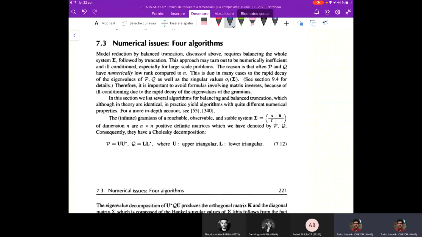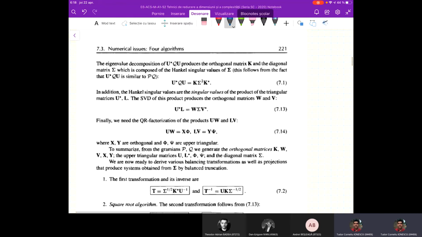Then there is a discussion about the numerical algorithms, and there are a lot of issues here you need to take into account. You need to balance the entire system sigma, followed by truncation, so this is numerically inefficient. You can first do the Cholesky factorization or decomposition of the Gramians. This is one way to do it.